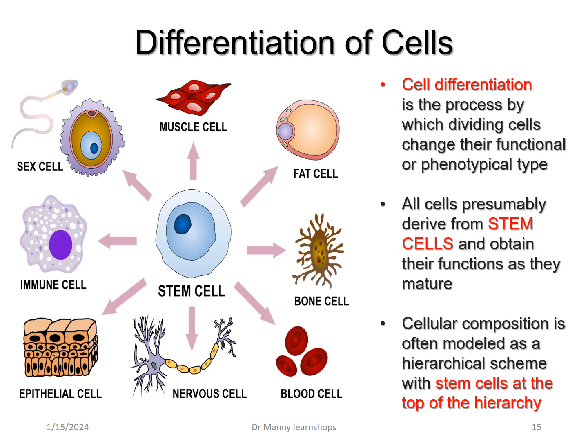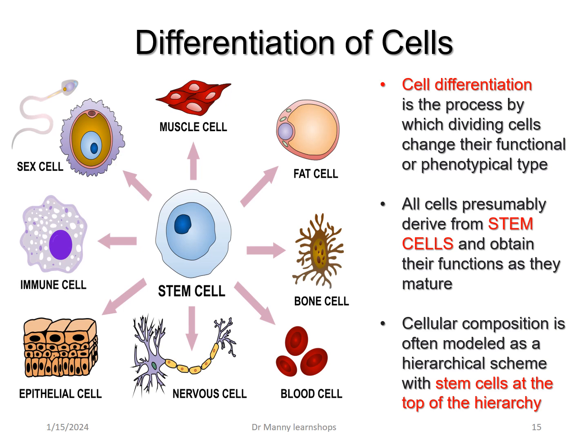When we look at cells, there are lots of different types of cells in the body: muscle, fat, bone, blood, nervous, epithelial, immune, reproductive. Cell differentiation is basically the process by which dividing cells change their functional type or their phenotype.